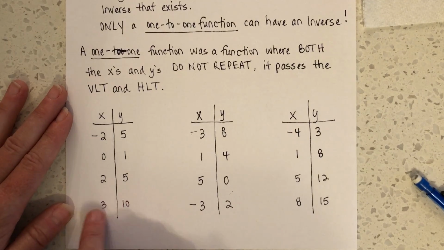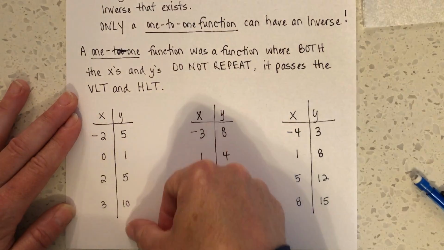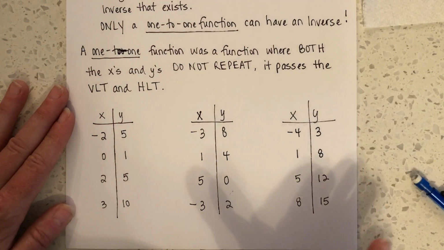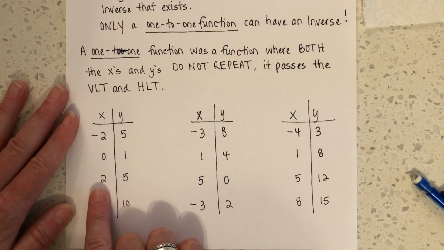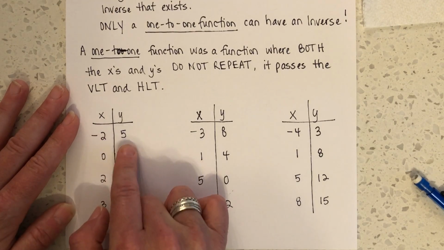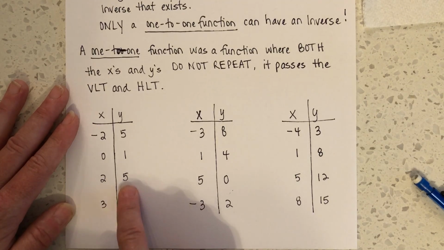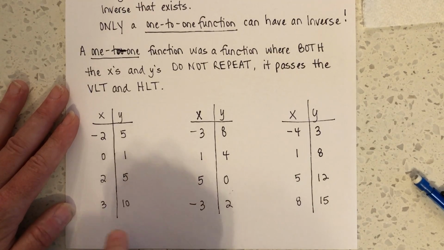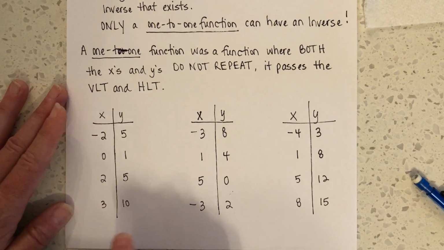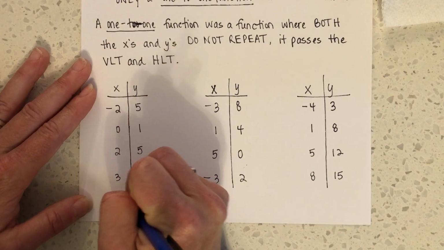Because each number has exactly one output. It's okay if the y's repeated. That was allowed to happen in a function, right? It's okay that 2 went in and 5 came out, and -2 goes in and it also makes a 5 come out. The important part is when I plug 2 back in later, that 5 is still the number that comes out for him, right? That is a function. So this is an example of a function.